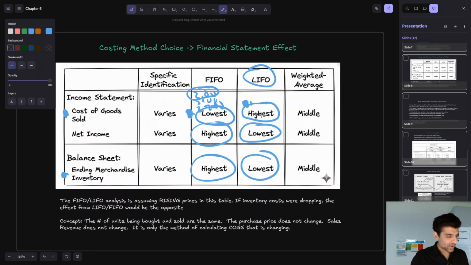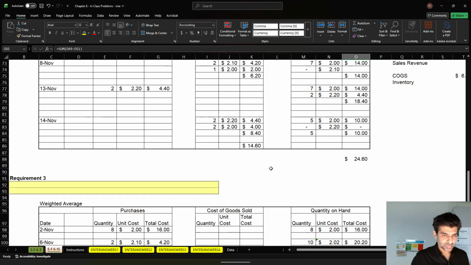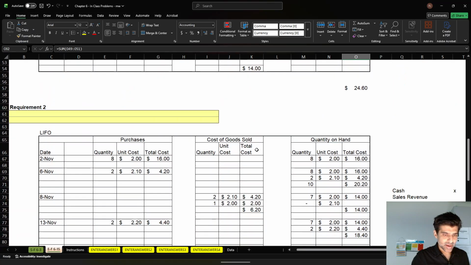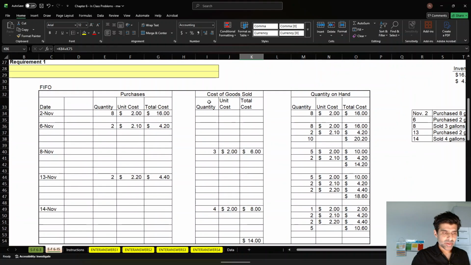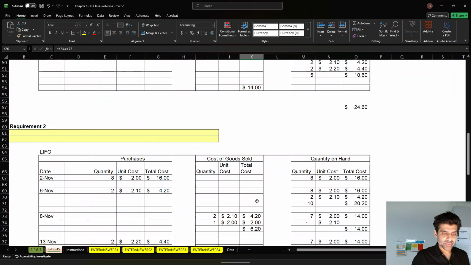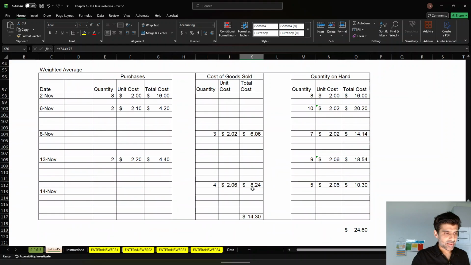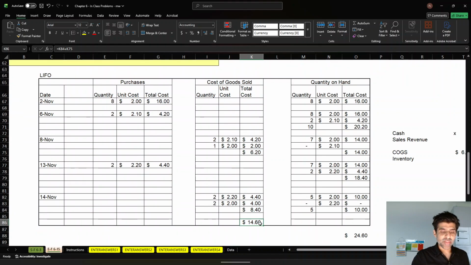Okay, so let's just check that against what we just did. Under LIFO, we had the highest cost of goods sold and lowest inventory between the three. Let's just see. So LIFO had $14.60 as the cost of goods sold, FIFO had $14, and weighted average had $14.30. So yes, LIFO did have the highest cost of goods sold, and it's supposed to therefore have the lowest inventory.